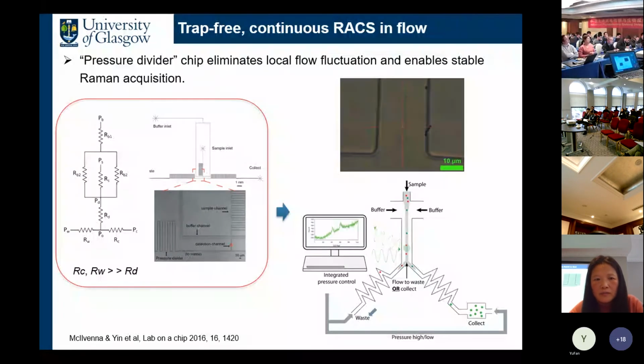And this comes to the work we've done in our lab. We designed a quite simple pressure-divided chip, and here we use a high resistance to eliminate the fluid actuation around the detection area. That allows us to deliver cells precisely to the detection region in the presence of the sorting, and that allows continuous Raman-activated cell sorting.